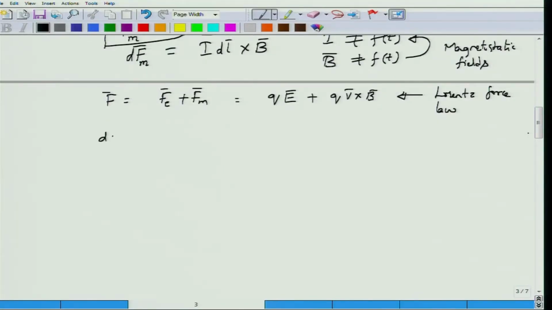Getting back to this dFm, I am going to remove this m here, because in the next few modules we will be considering only the magnetic fields and the forces because of those magnetic fields.